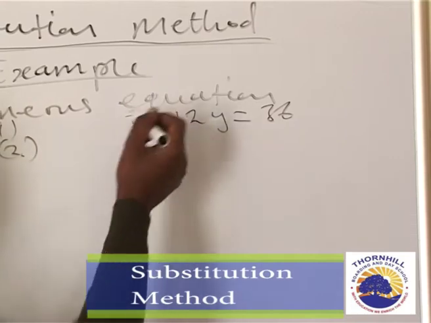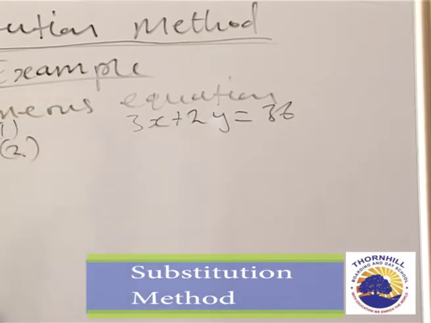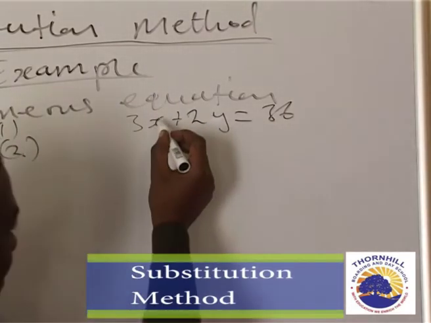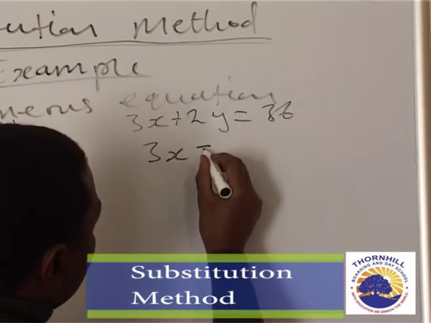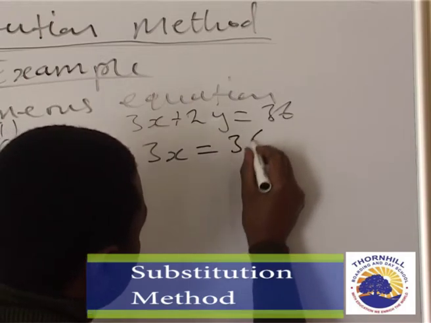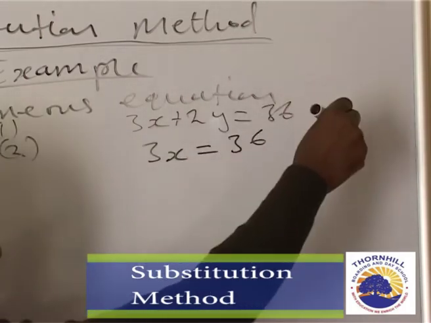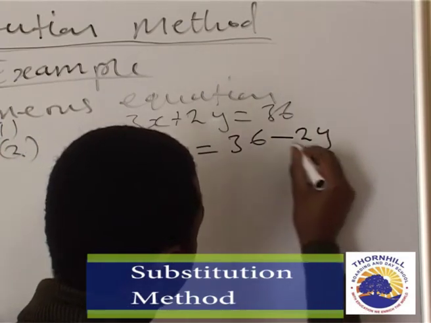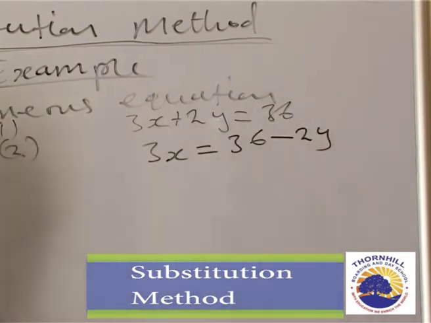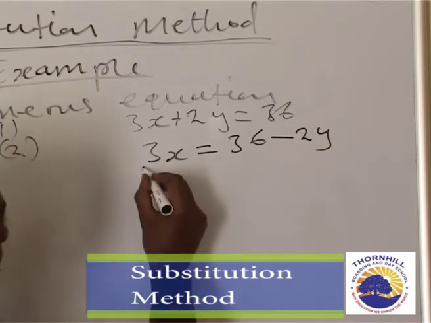If we pick the first equation, in order for us to make x the subject here, it's going to become 3x will be equal to 36. Then this will go on the other side, it will become minus 2y, like that. So to make x the subject, we'll divide by 3.